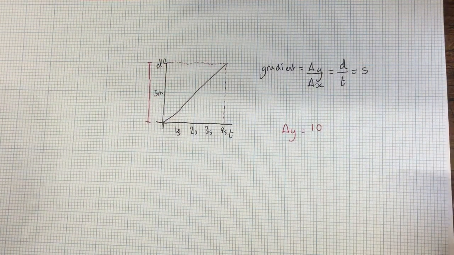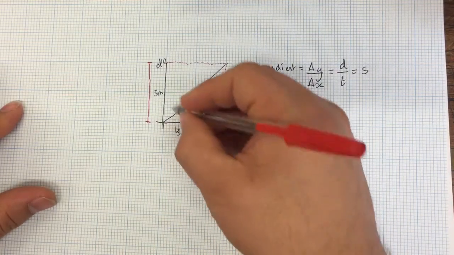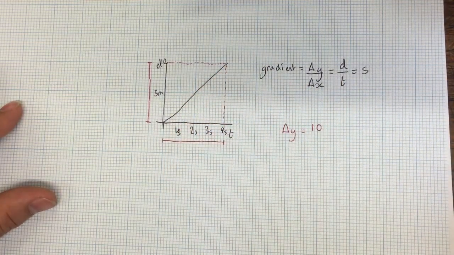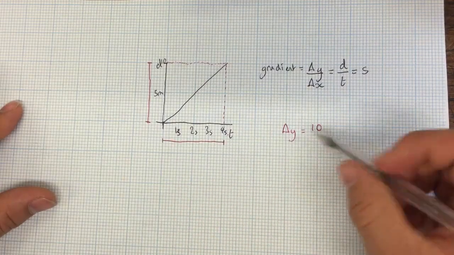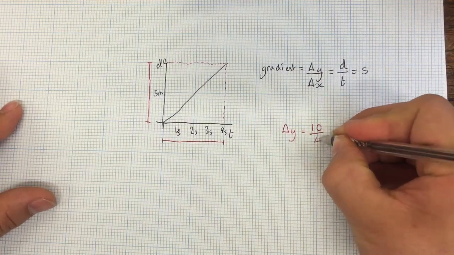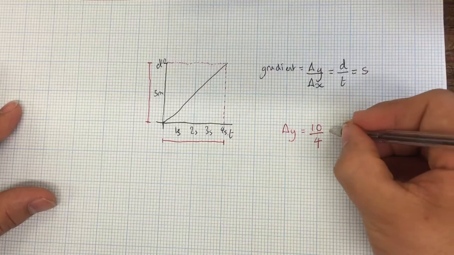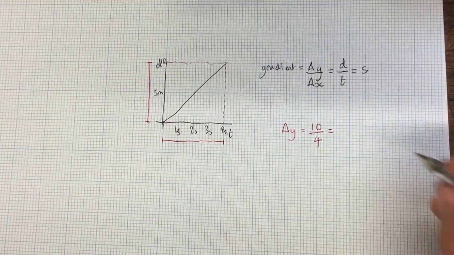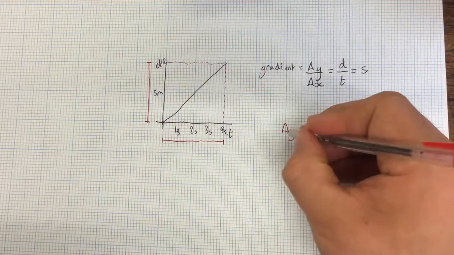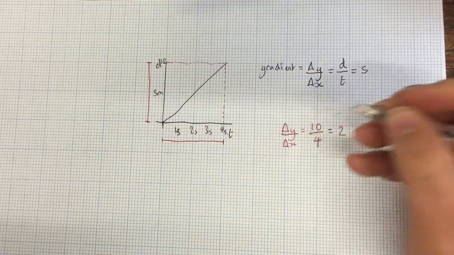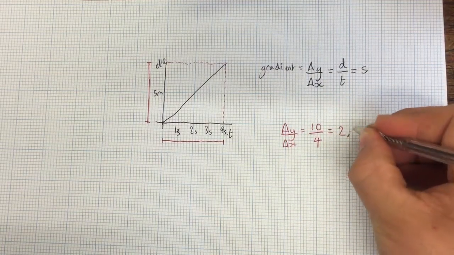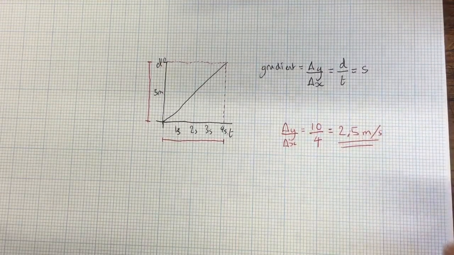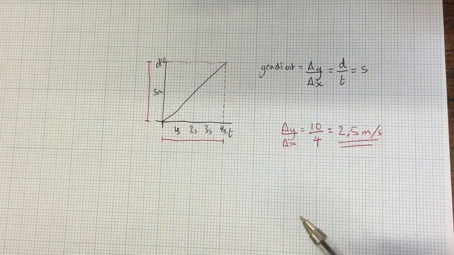So it's 10. And then I look at how far it is on my x-axis. In this case, it's from 0 to 4. So I'm going to do 10 divided by 4. Put that into my calculator, and I will get 2.5, and because it's speed, it's meters per second. So that tells me how steep that line is.